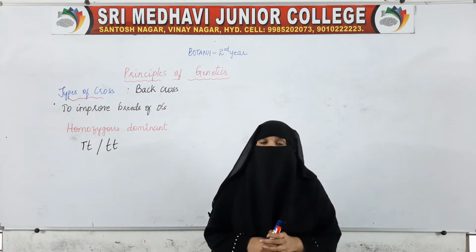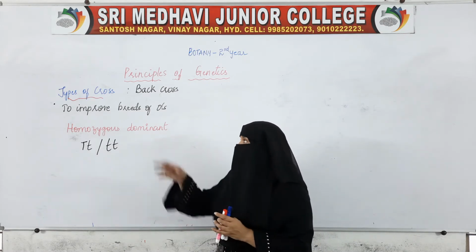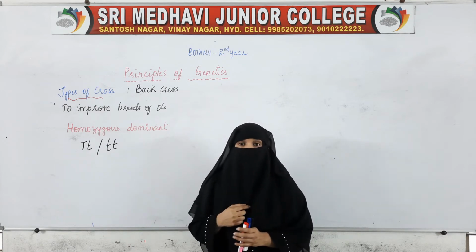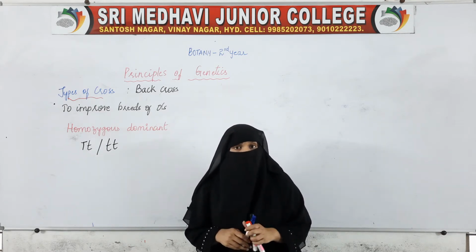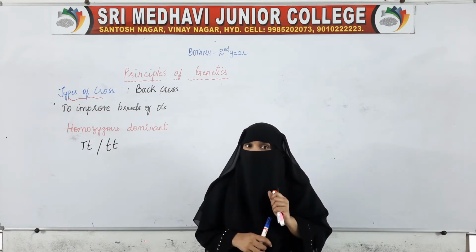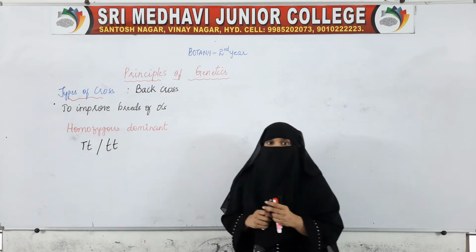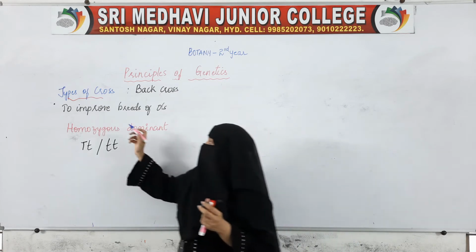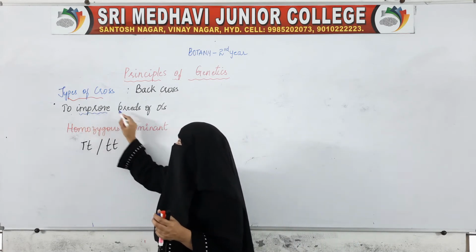Now we have another type of cross, that is back cross. Test cross was done to know the genotype of the unknown. Why are we doing the back cross? We are doing the back cross to improve the breed of organisms.